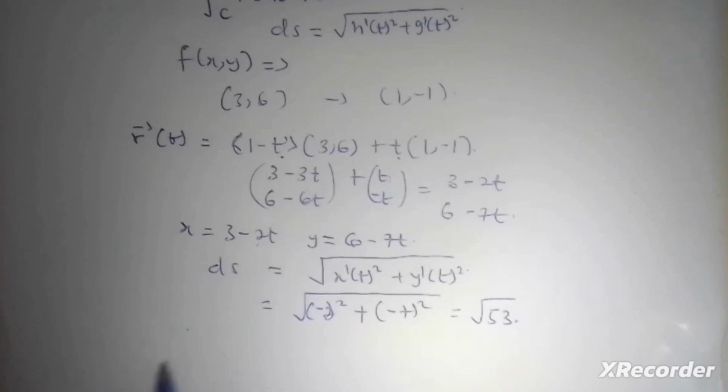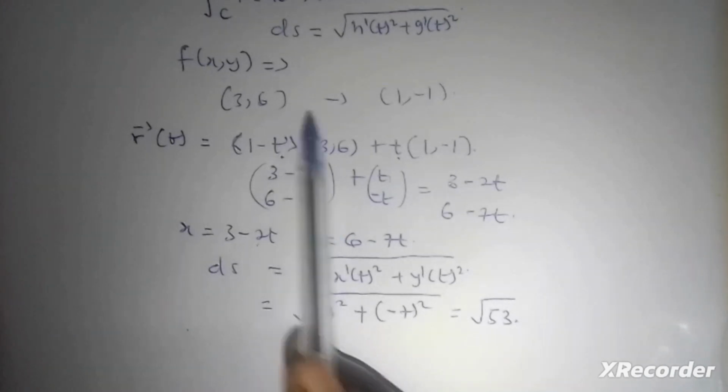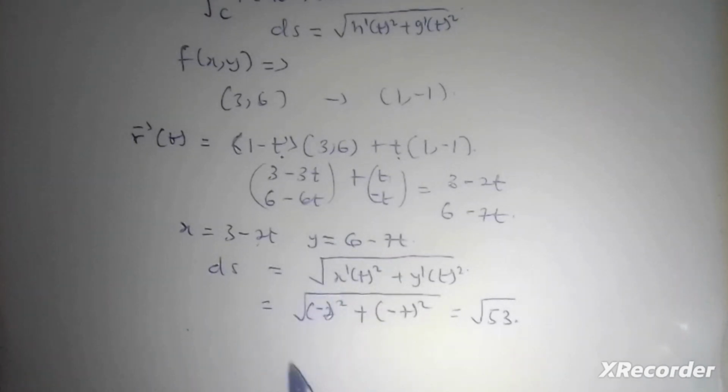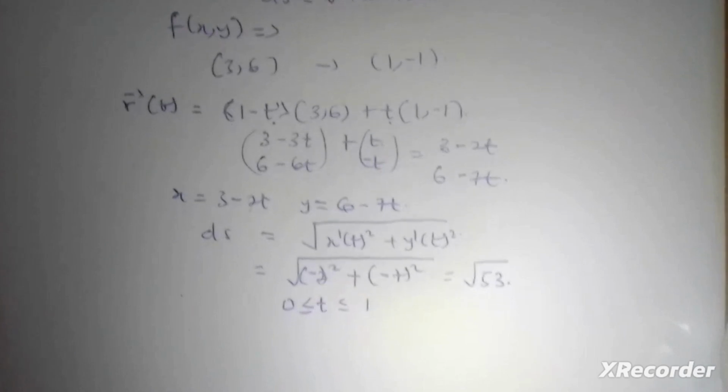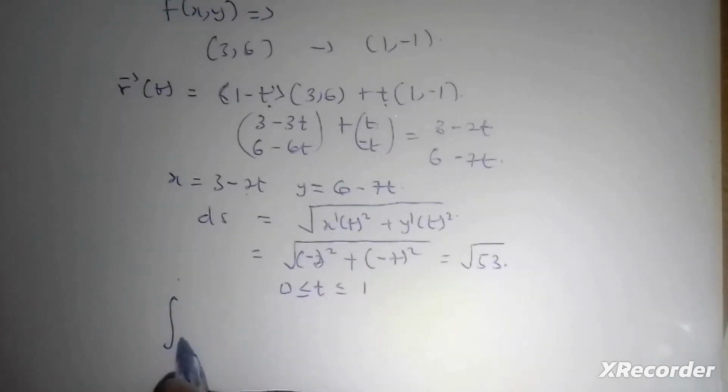But take note, whenever you use the parameterization of a line, your limit for t is going to be greater than 0 but less than or equal to 1. That is what the rule is saying. So you're going to have your integral from 0 to 1, and in line integrals it's simple. It's just a single integral, it's not double. Take note.